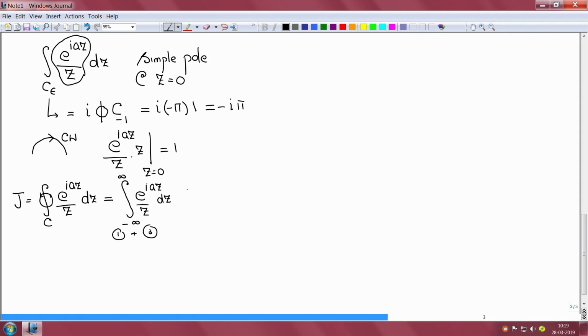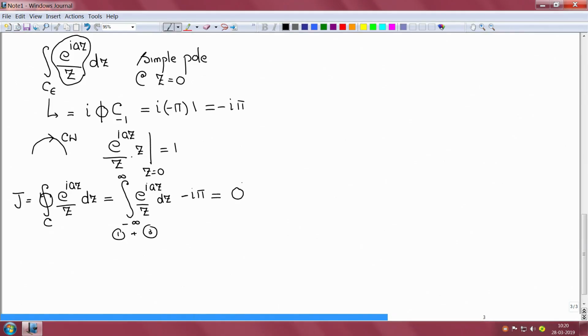Then the C epsilon gave me minus i pi and C R gave me 0. Now that is equal to what? If you noticed, our contour does not include any singularity, and therefore there is no residue contribution from any pole inside C. So this is going to be equal to 0. Okay. So now what do I have? I have integral minus infinity to infinity. Now this z is on the x axis, so z equal to x.